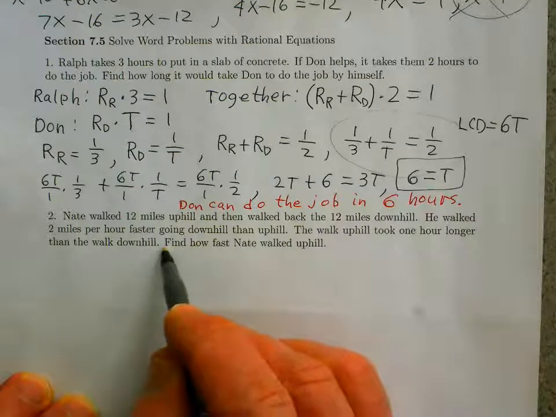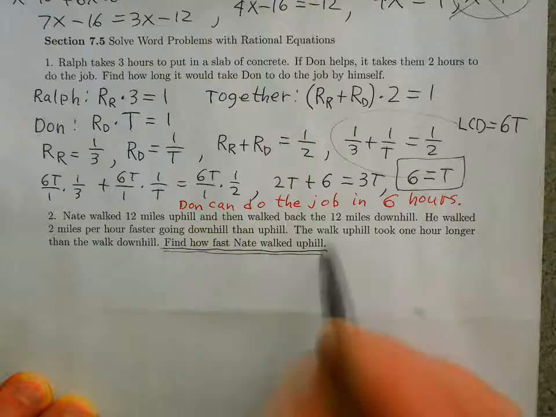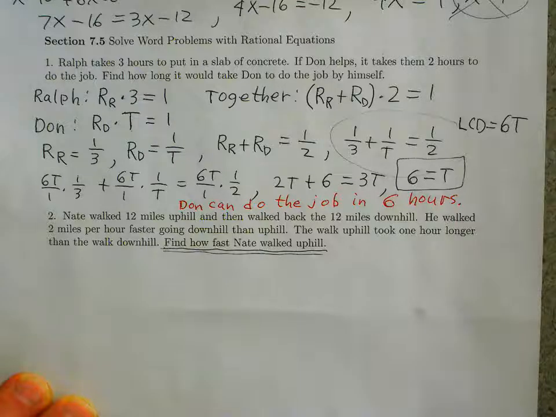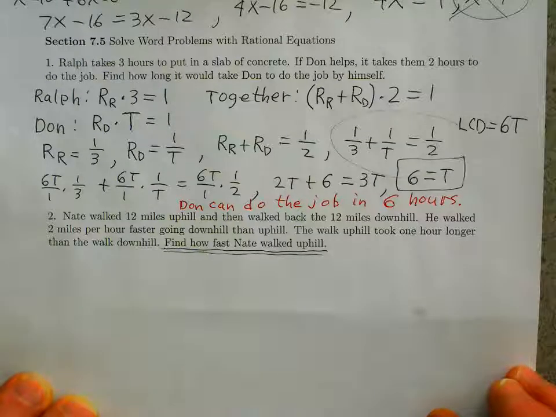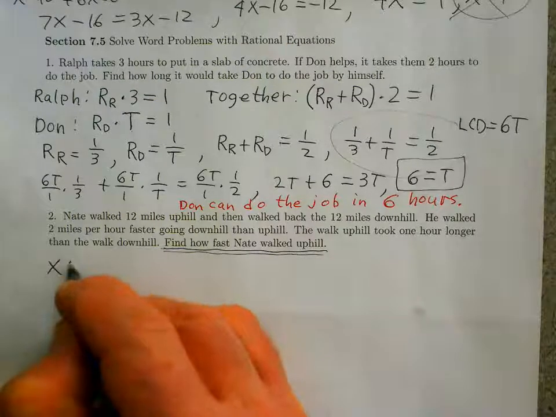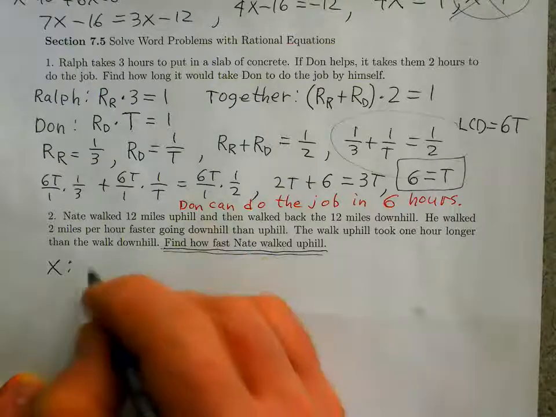Okay, in these word problems, we identify what it is that we're supposed to find, and then assign a variable to represent that quantity. You can use any letter that you want. So I'll just pick X to be Nate's rate walking uphill.